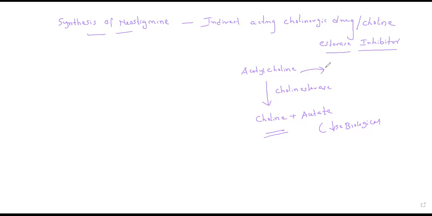Okay. So generally, this drug neostigmine can be used in the treatment of myasthenia gravis. Myasthenia gravis is a neuromuscular disease that leads to skeletal muscle weakness.